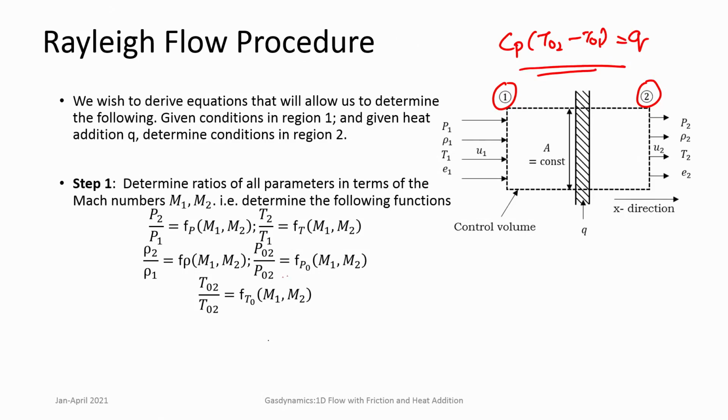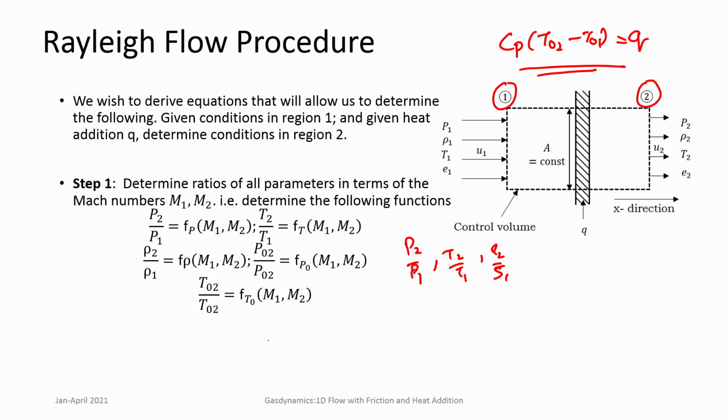Then, similar to the other cases, we seek the ratios P2 by P1, T2 by T1, and rho 2 by rho 1. They should be expressed solely as functions of M1, M2 and gamma. For a calorically perfect gas, gamma is a constant.